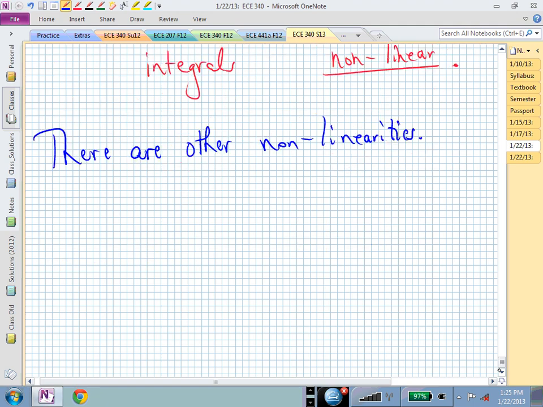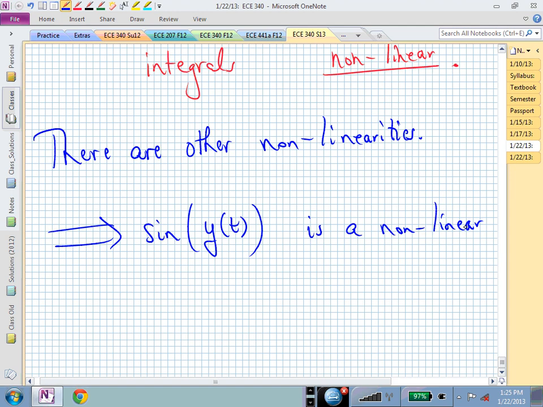For example, if we had the sine operating on the output y, sine of y of t is a nonlinear term. And if that was now a part of your differential equation, your whole system would be nonlinear. Where this might be the output.